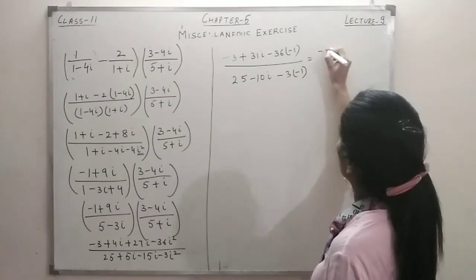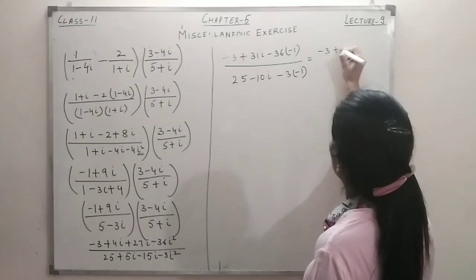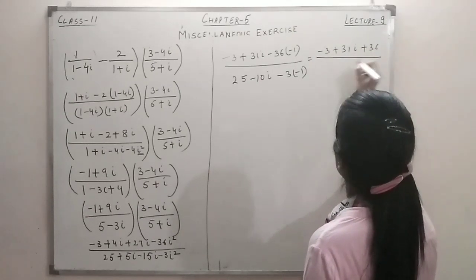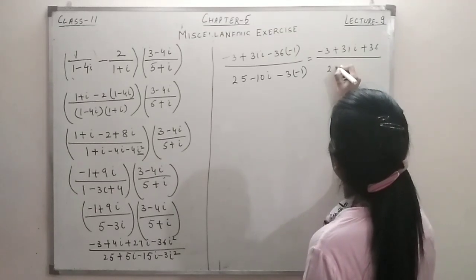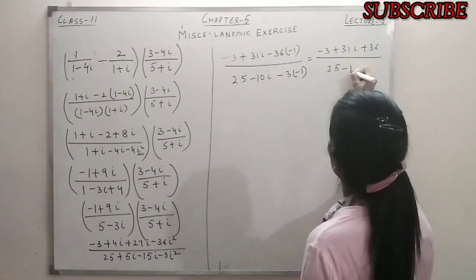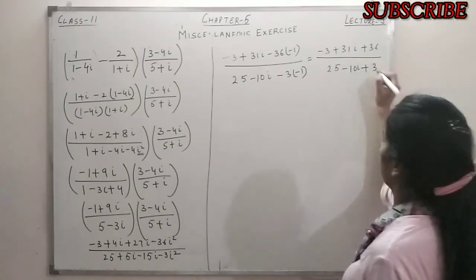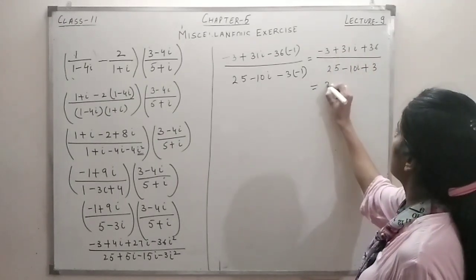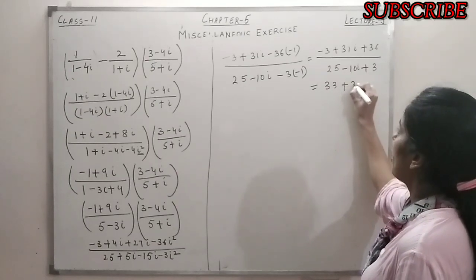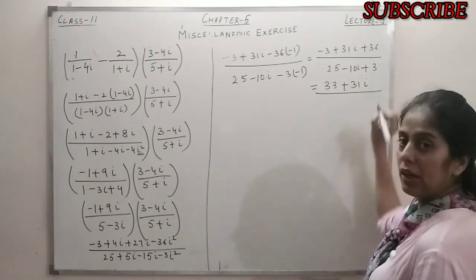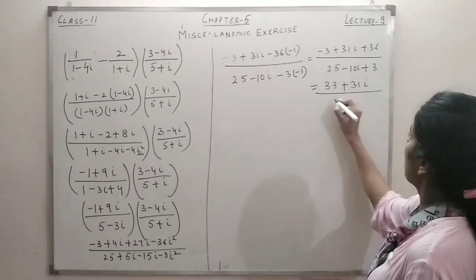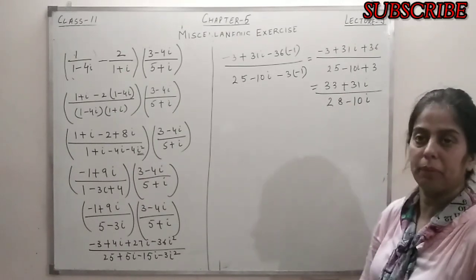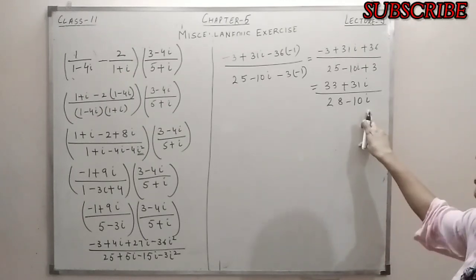That is equals to minus 3 plus 31i plus 36 upon 25 minus 10i plus 3. Right? That is equals to minus 3 plus 36 is 33 plus 31i, upon 25 plus 3 is 28 minus 10i. Right? So we have this now.